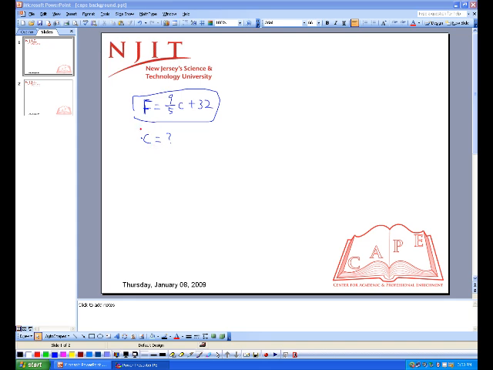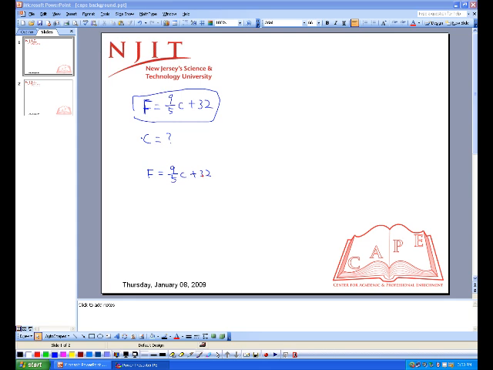So how do we do that? It's really just rewriting this original equation, getting rid of all the additional numbers, and having only C left on the right side.